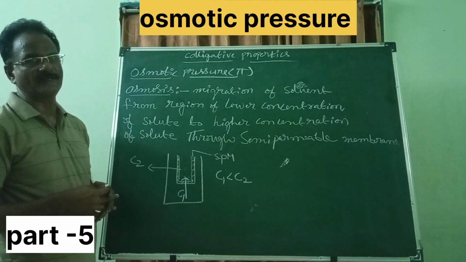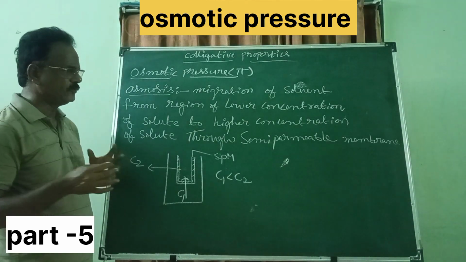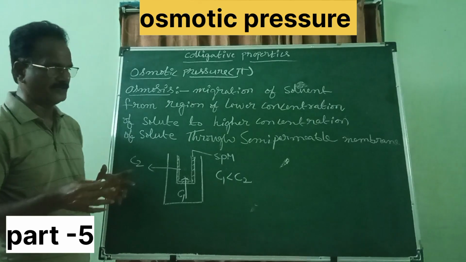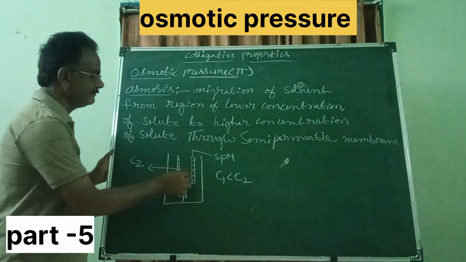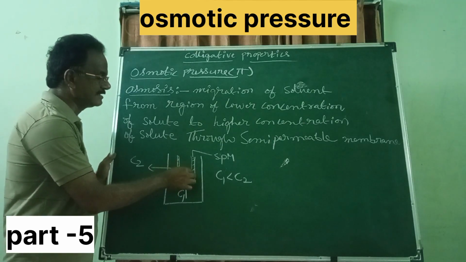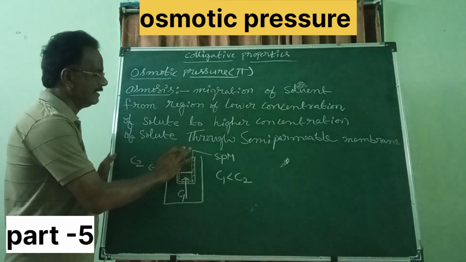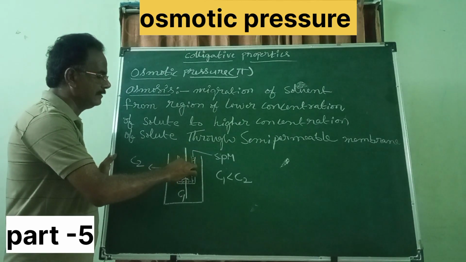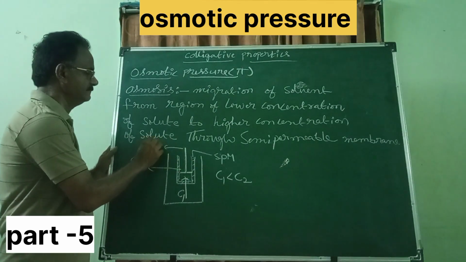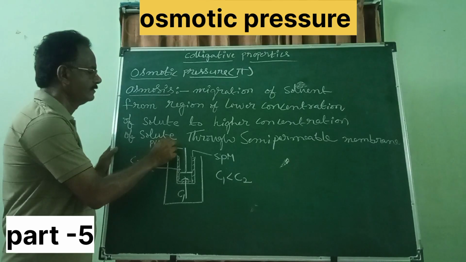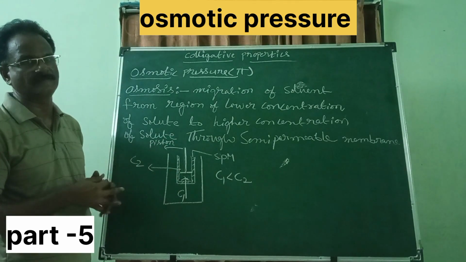Then what is osmotic pressure? Here, if you want to stop osmosis, that means if you want to stop migration of solvent, then you have to exert some pressure by means of a piston, until the migration of solvent stops.